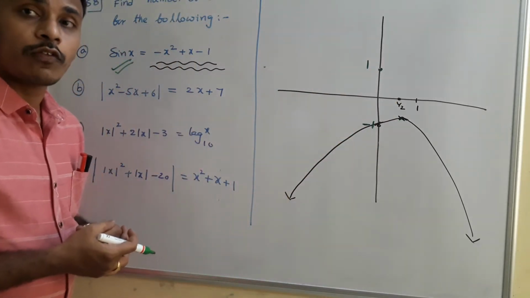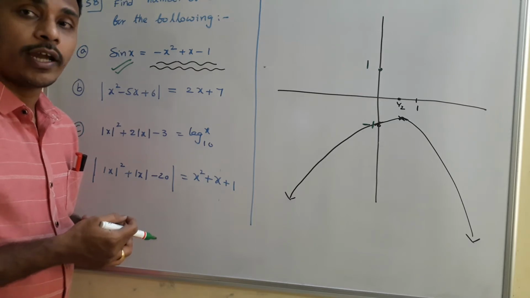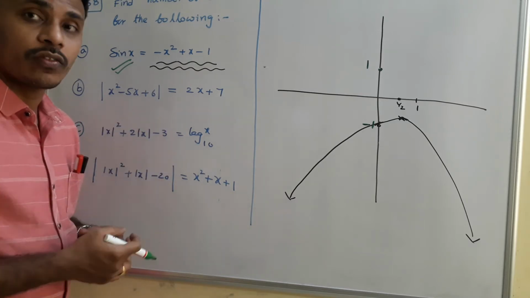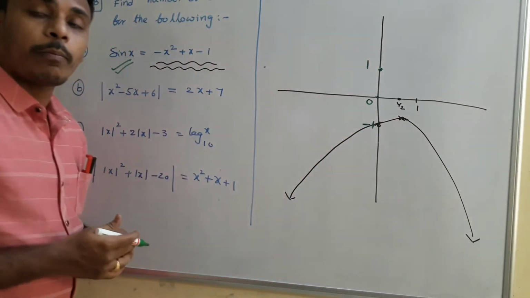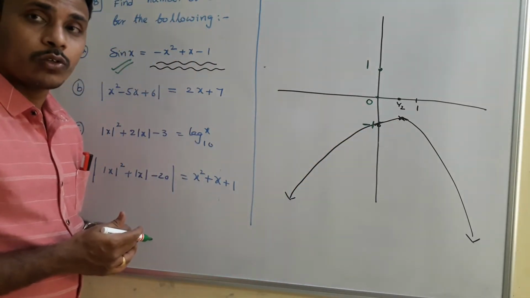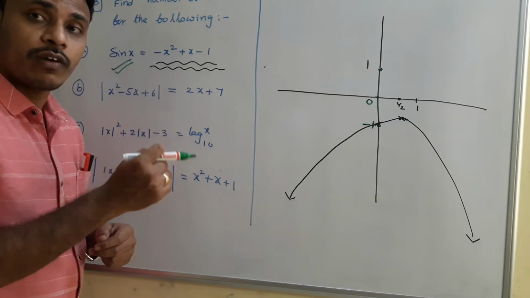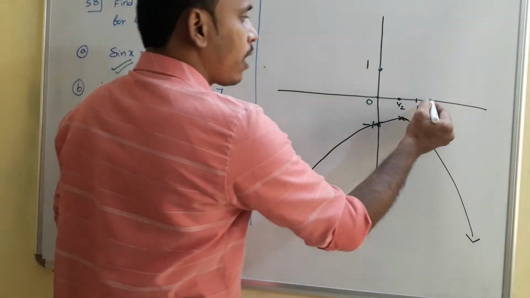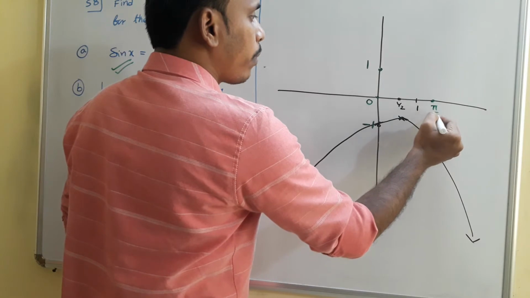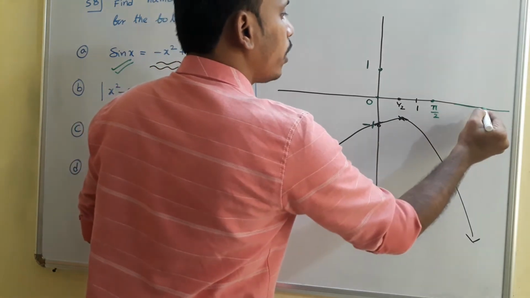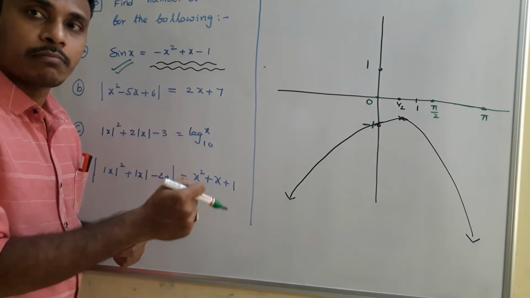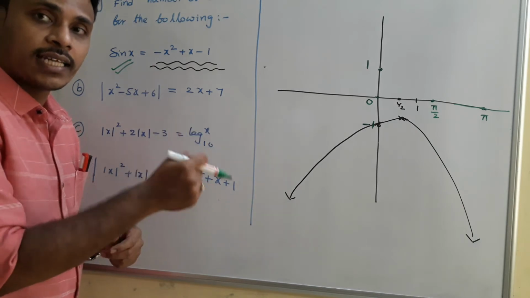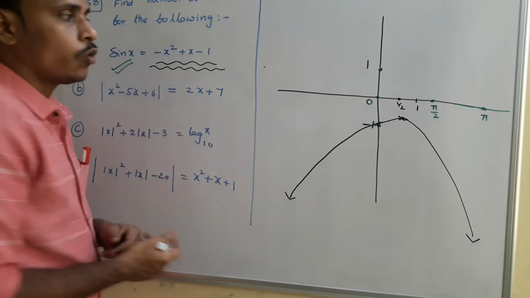To sketch the graph of sin x, we need to locate angles on the x-axis. Treat it as 0 degrees and then pi by 2. What is pi by 2? 3.14 by 2 is 1.57. After that, somewhere you will have pi. As a number, pi is 3.14. As an angle, it is 180 degrees. I think you know.